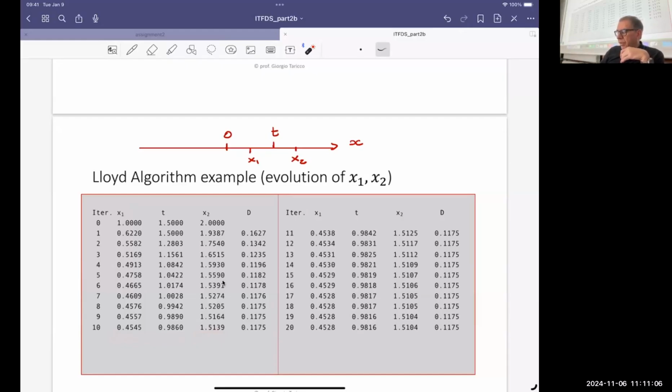And so we need more iterations to have a convergence also of the quantization points and the threshold. Actually, it requires around 20 iterations for convergence to 4 digits.